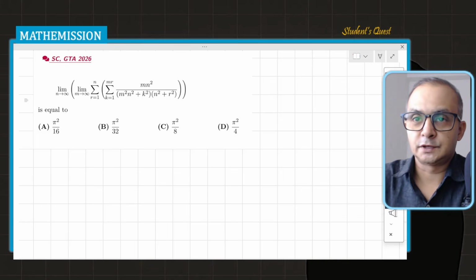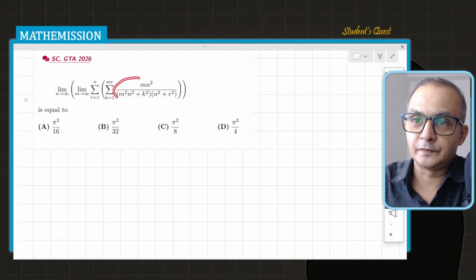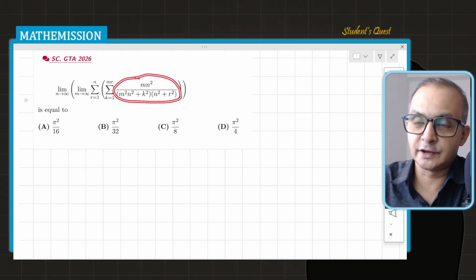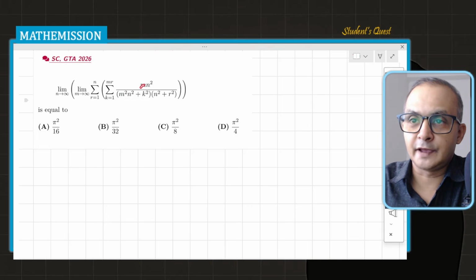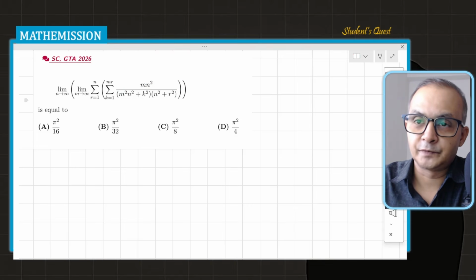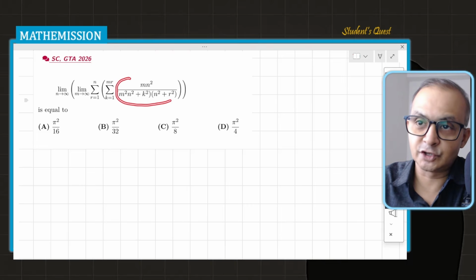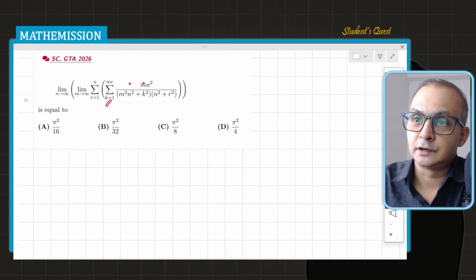So first you observe that here I have this expression given in terms of m and k and r. Now k is running from 1 and going up to mr. It means when we are considering this expression with respect to k, the m and r are considered to be constant.